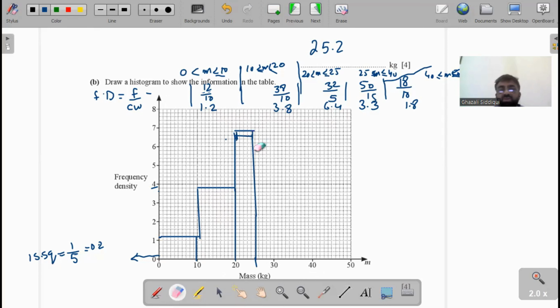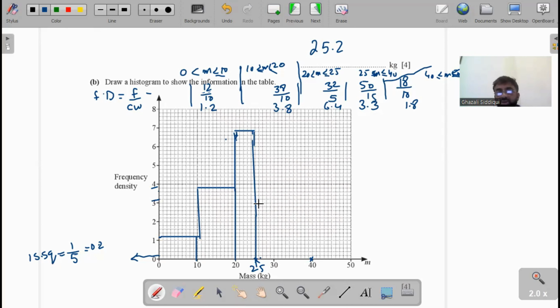Okay, now next is 25 to 40. This is 25, and that one is 40. Now we draw the rectangle from 25 to 40 with the frequency density 3.3.